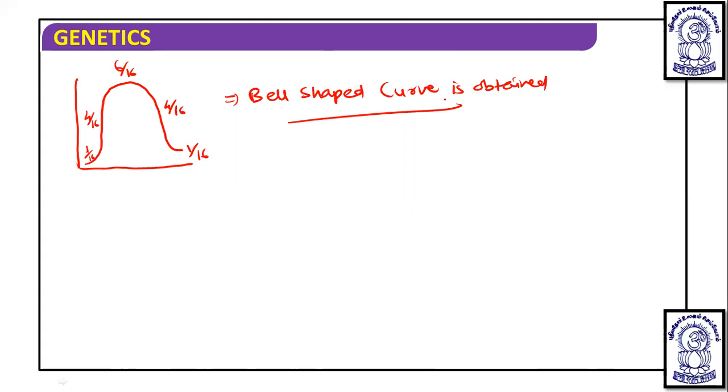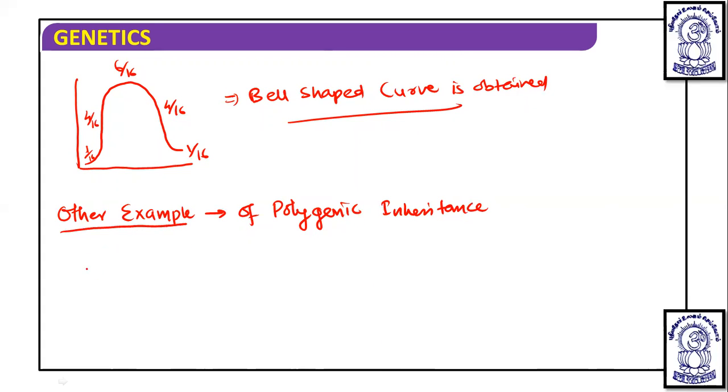But when there are more than two genes, then we have to discuss that also. So for more than two genes, we are going to take some examples and discuss them. Other examples of characters which show polygenic inheritance are human skin color, which is controlled by three genes.